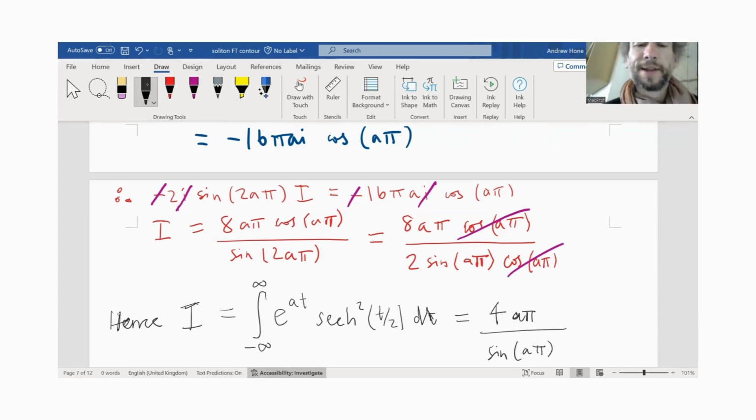So that's the integral in the form that it was given in the Digital Library of Mathematical Functions.